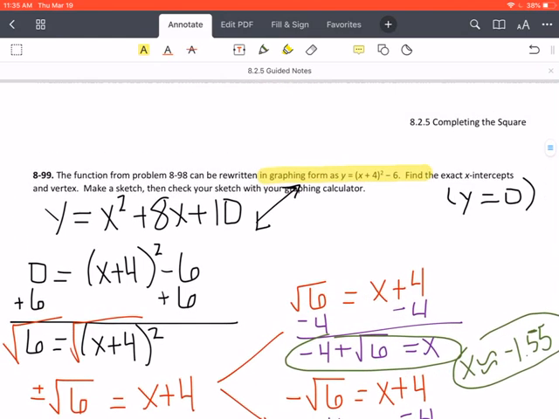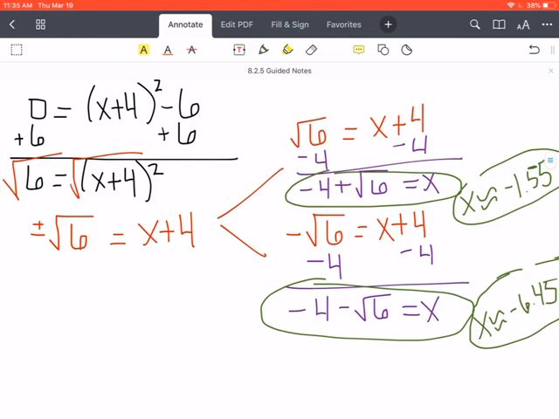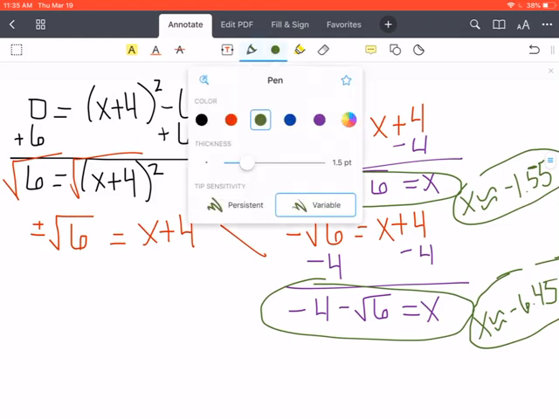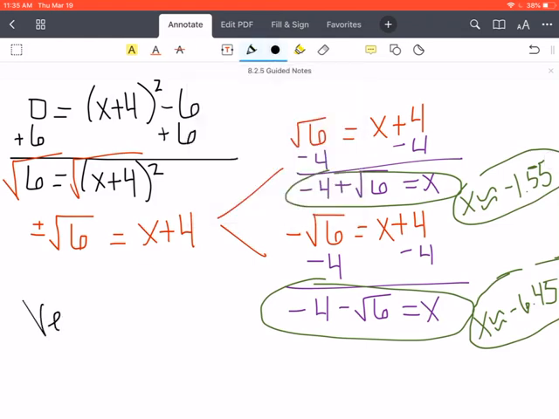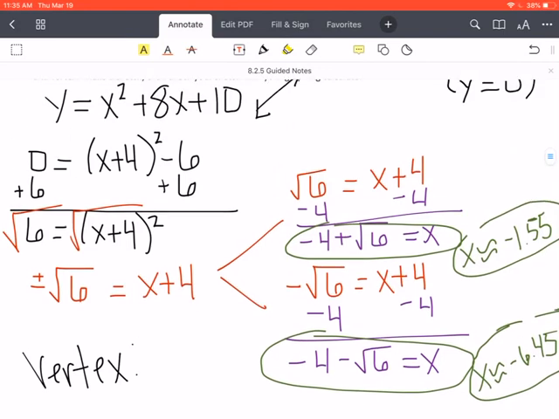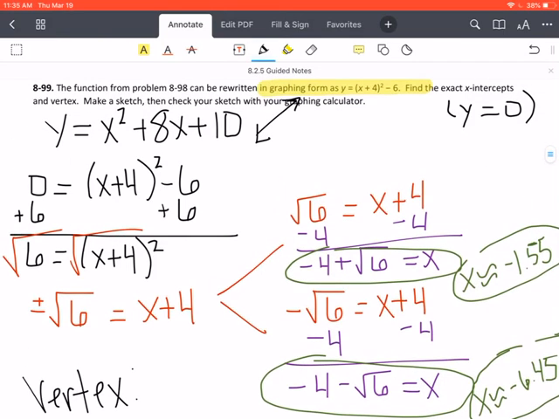And then it also wanted us to find the vertex. Now, great news. This is also from last chapter. Remember, the vertex in graphing form is very, very easy. If we go up to our graphing form, remember, we are going to focus on the value that is inside the parentheses with the x and the value that is at the end of the equation by itself.